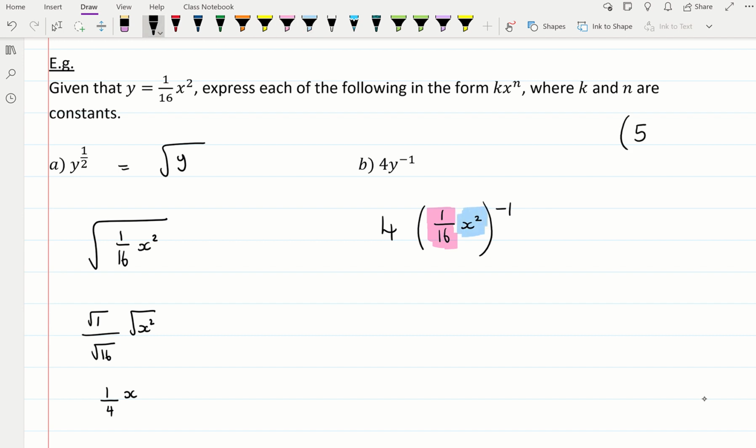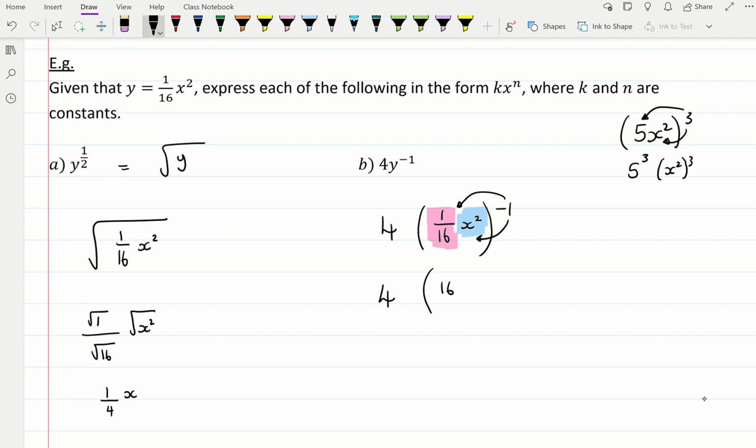Just like when we had something like this, we applied the power to each part, so it became 5 cubed times x squared cubed. We multiply the -1 to this and to that. So I keep the 4. 4 is being multiplied by the bracket. 1/16 is a fraction, and fractions turn upside down. It becomes 16/1, but 16 divided by 1 is just 16.